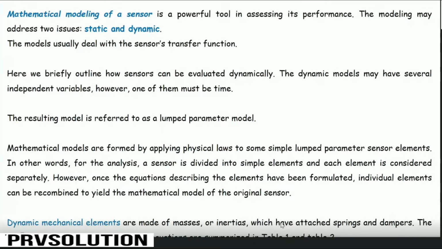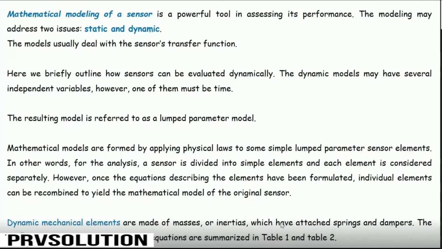Transfer function means if we apply some input, we get some output. Between input and output, there is some block that is representing a sensor. So input gets transferred into output. What should be the model present between input and output? That will be referred to as the transfer function, because it is transferring the input from one type to another type.